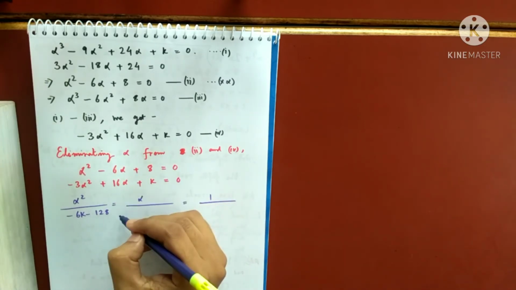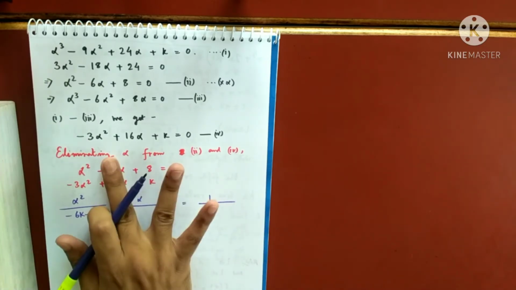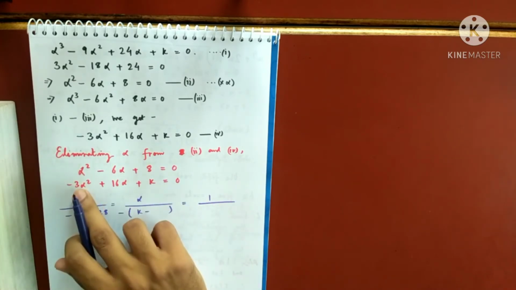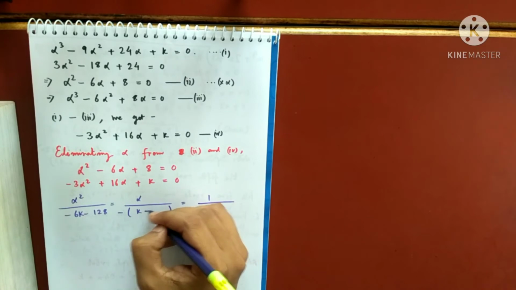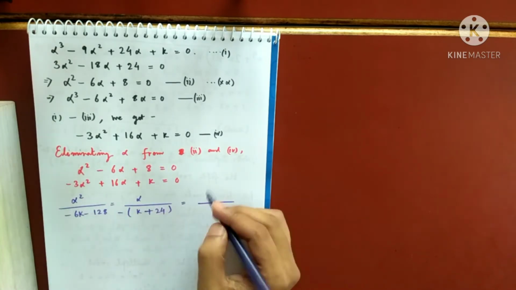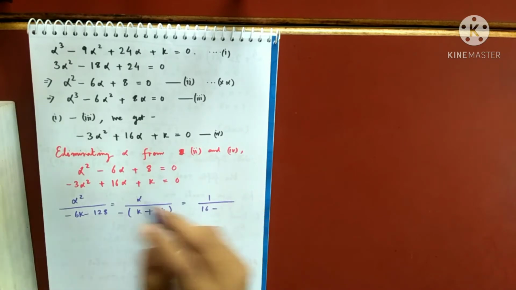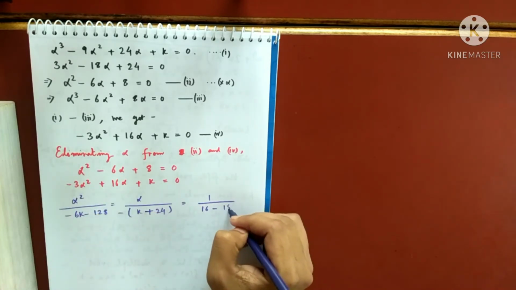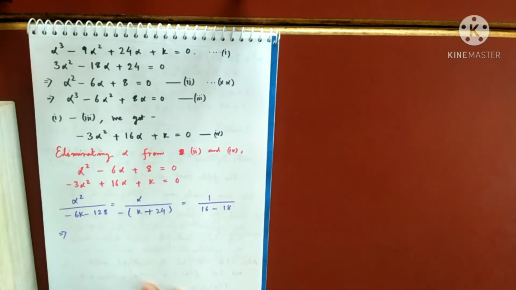Then with alpha this will be a minus, and then the determinant: remove this column, and the determinant will be k plus 24. And this will be 16 minus 18 for the last one. Just cancel all the negatives.